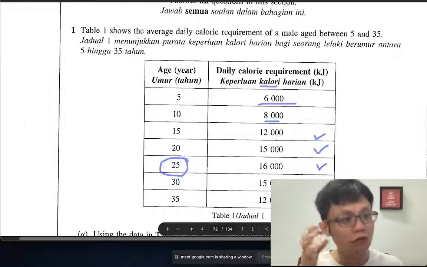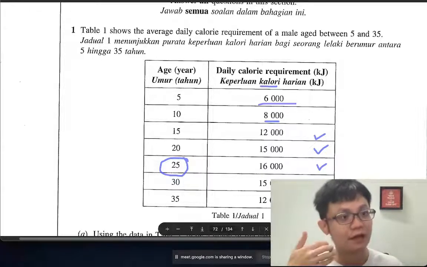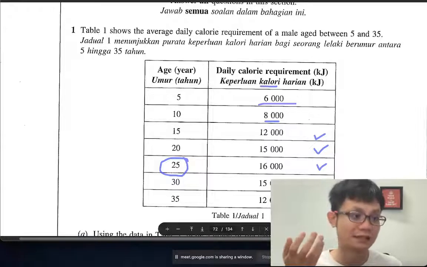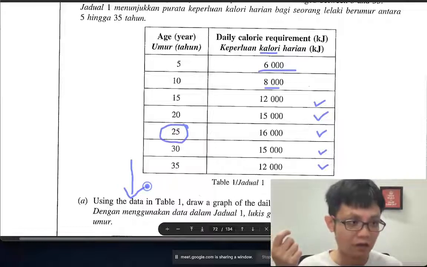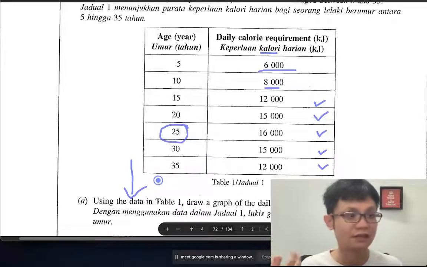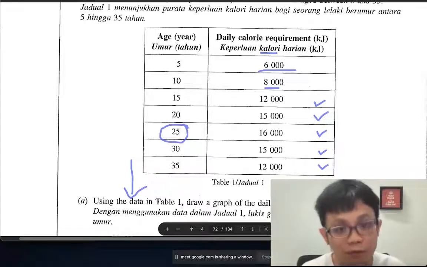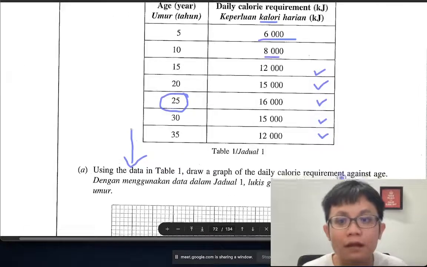As you grow old, your metabolism rate will be lower, so you need fewer calories. If you get even older, your metabolism rate is even lower and your cell growth is also lower. That's why we die old, because cells die faster than new cells are produced.